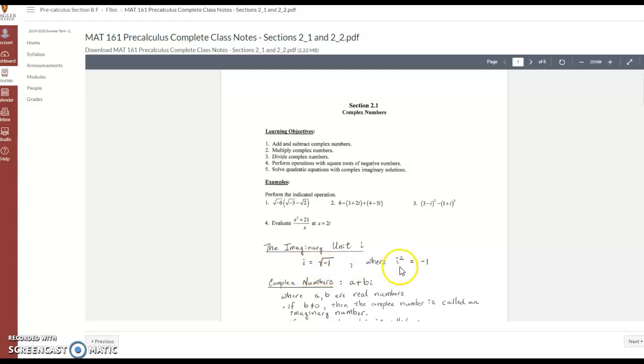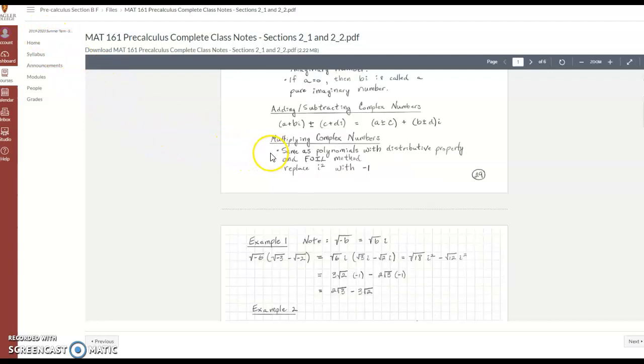So i squared is actually -1. It's kind of a weird concept, but every complex number can be written as a + bi, a real part a and an imaginary part b, which is a real number times i. Then we talk about how to multiply and divide these and how to perform other operations with the square roots of negative numbers, etc. Okay, that's in section 2.1.